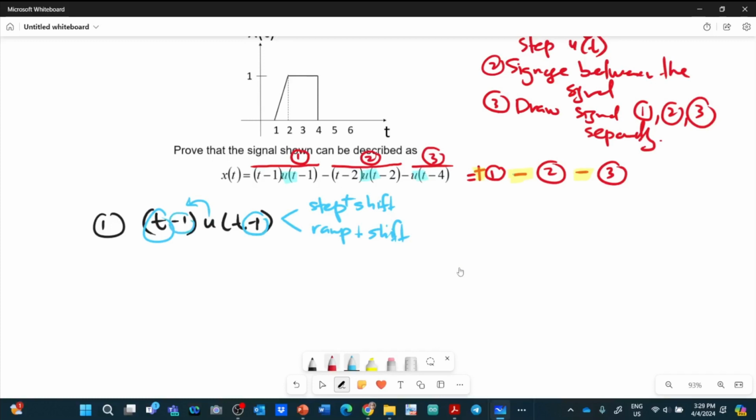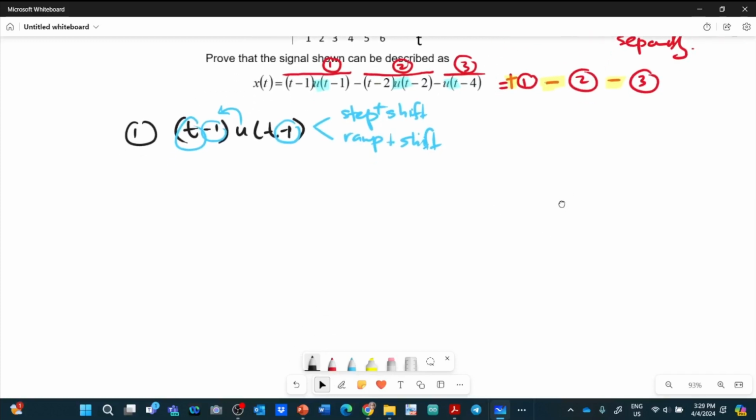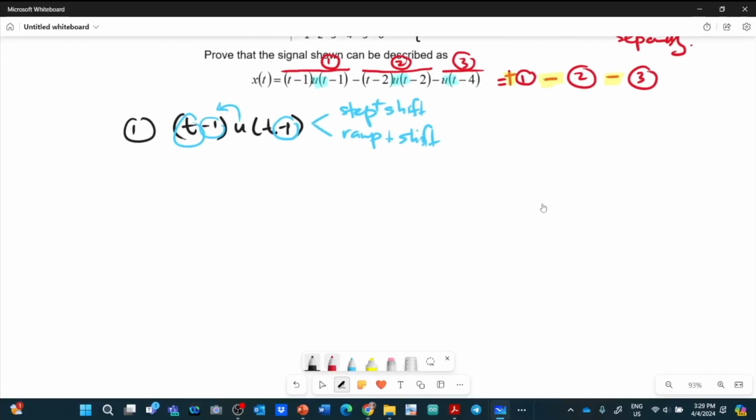Okay? Now that you have that, then let's plot that first one. Let's plot this one first. Yang paling senang. Saya ingat nak suruh you buat sebenarnya. Ada yang dah buat ke? Ada yang dah buat belum?